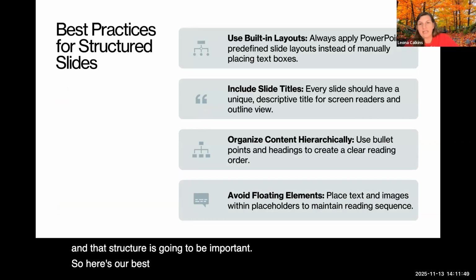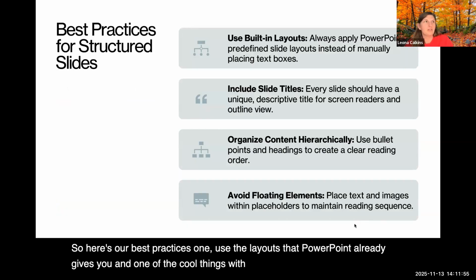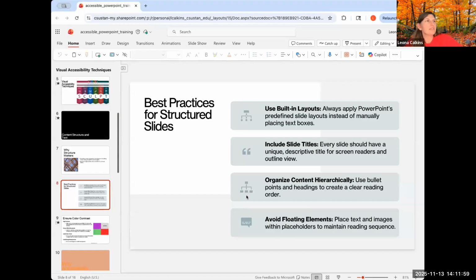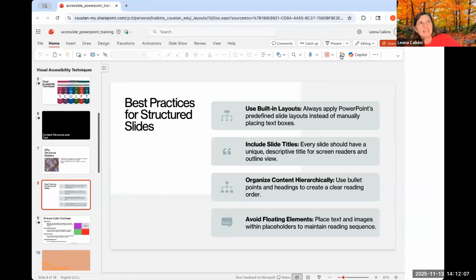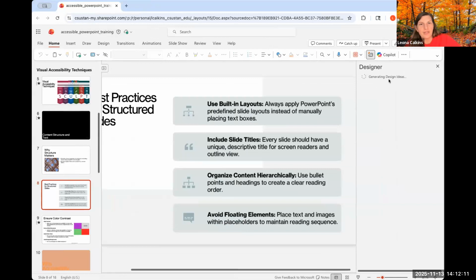One, use the layouts that PowerPoint already gives you. And one of the cool things with PowerPoint, and my subtitles are going to probably go away because I'm coming out of presentation mode, but for instance, if I wanted to modify this slide, I'm going to open this up. If I click on this little pane, it actually will give me other ideas and generators.